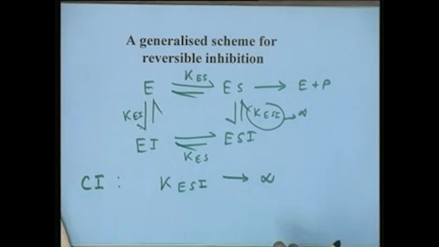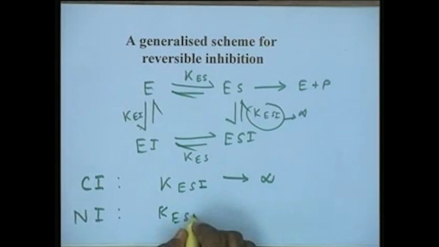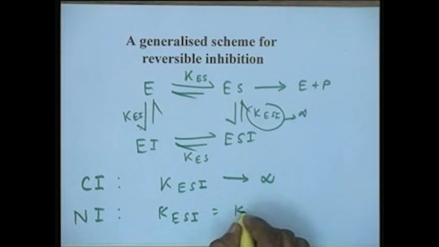In the case of a non-competitive inhibitor, your KESI will be equal to KEI.